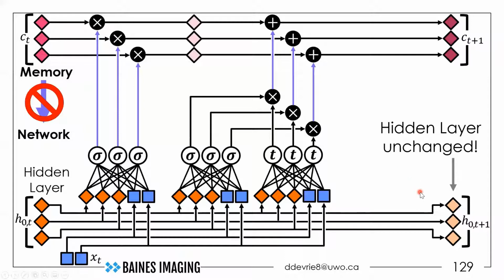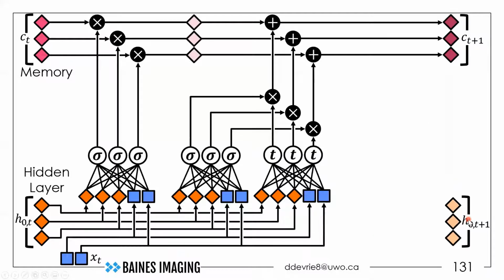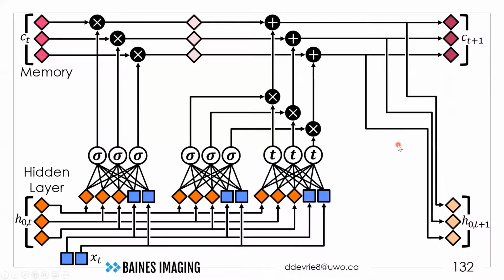So the way that we can do this is to figure out some way to join the memory up to that hidden layer value at the end of our time step. So what we'll do is disconnect it from our hidden layer that came in to the network. And instead, we'll just plumb some values from our memory and say, you know what, this first memory value will just become our hidden layer output first value.